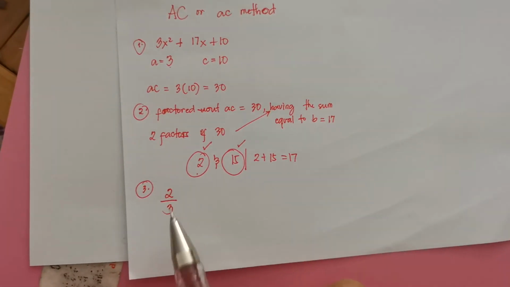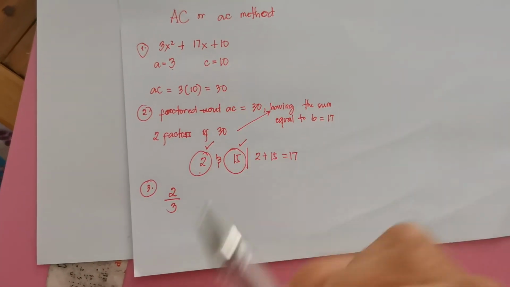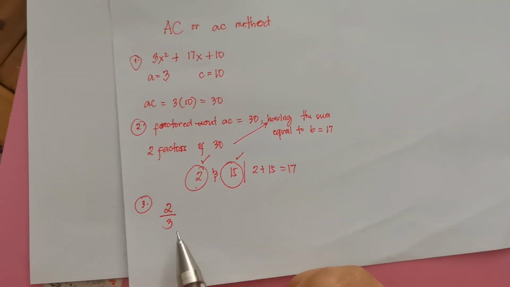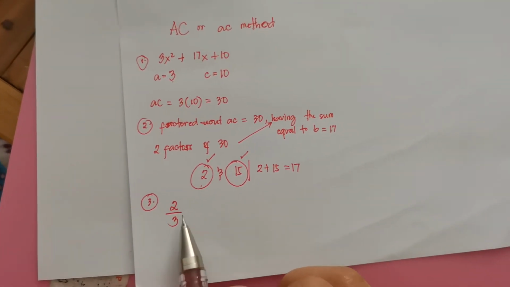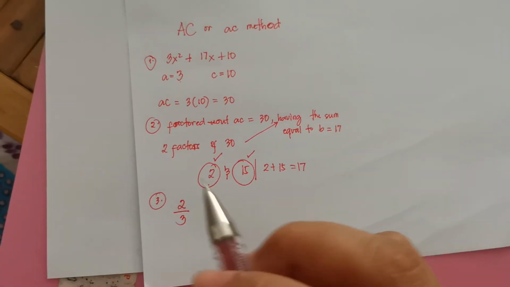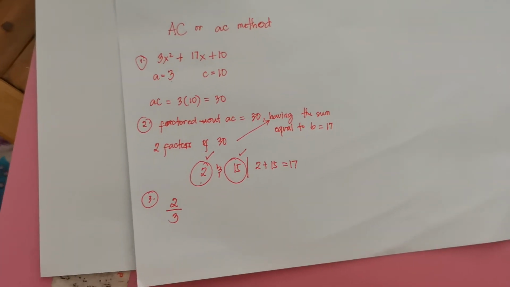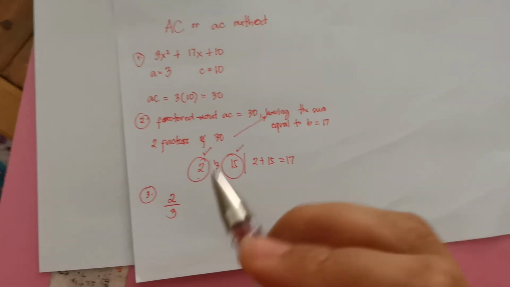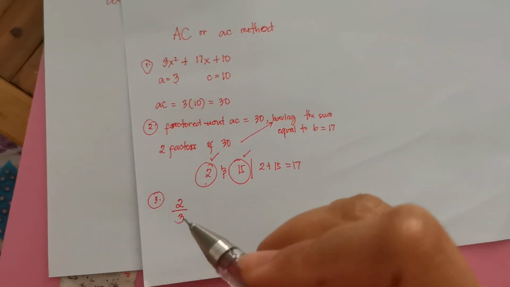This will represent the first factor of this trinomial. Paano? Always remember that this step number 3 is in lowest term. Lowest term gina siya. So, it's 2/3 in lowest term. Yes. Therefore, we got our first factor.